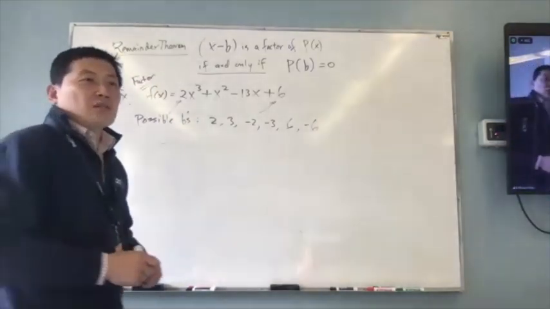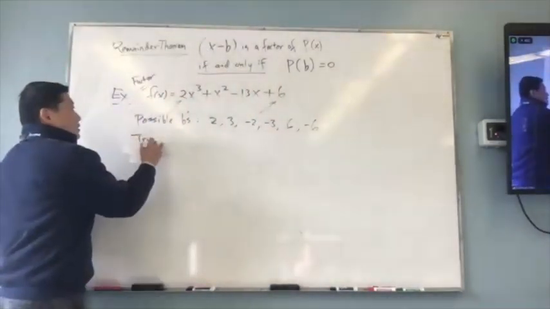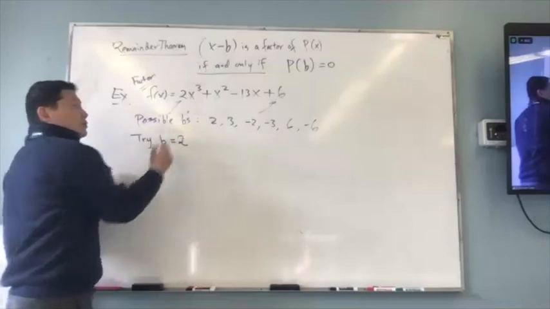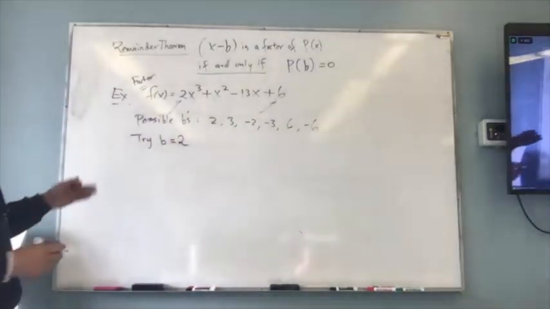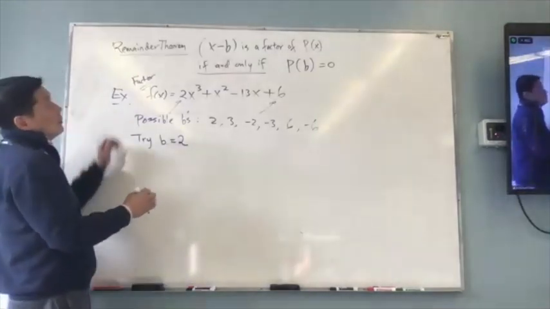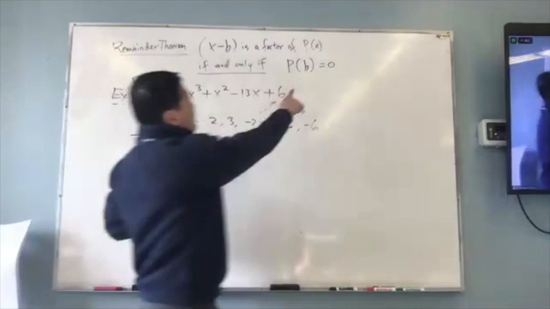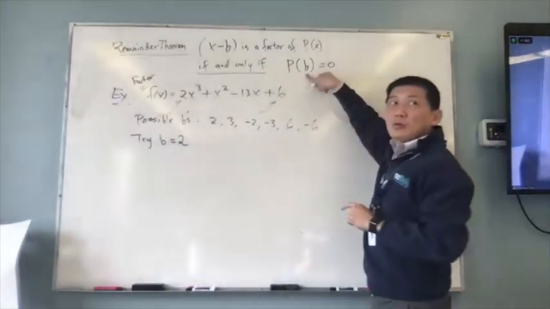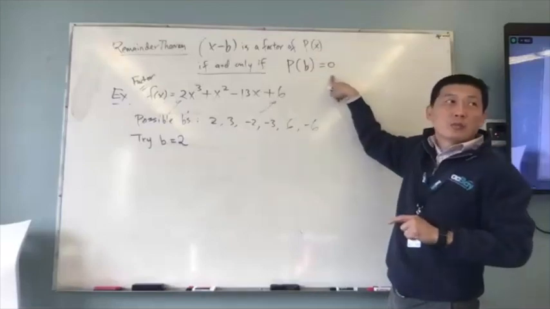Now, just for the sake of argument, let's try b equal to 2. If we try b equal to 2, according to the remainder theorem, when 2 gets put into x, the whole thing should become 0.